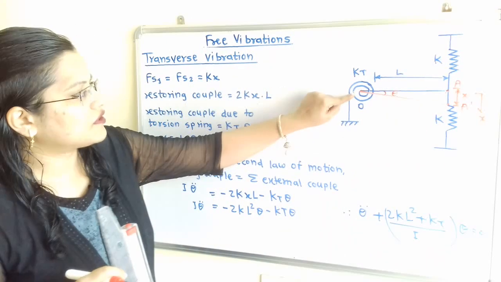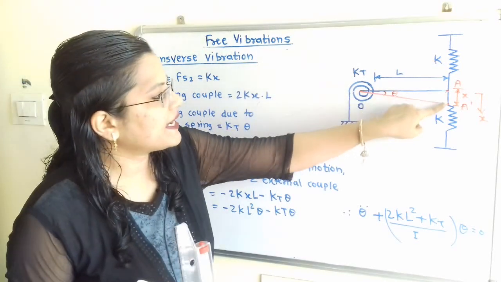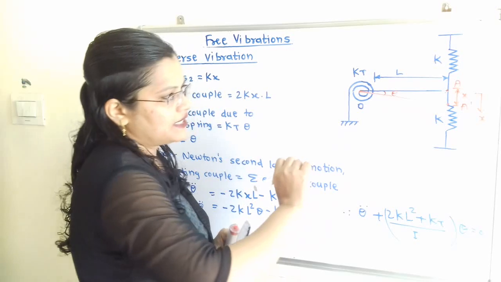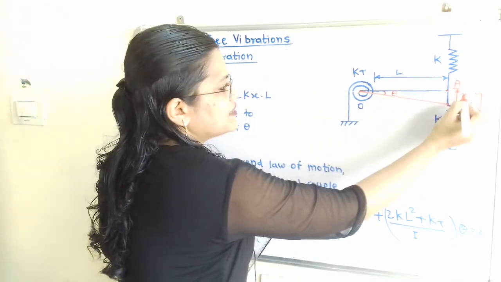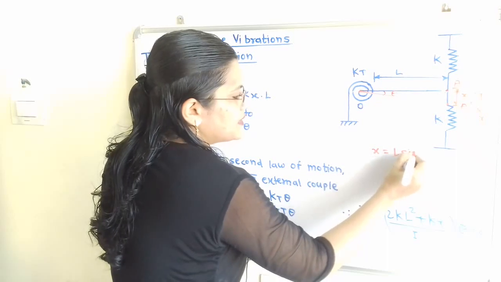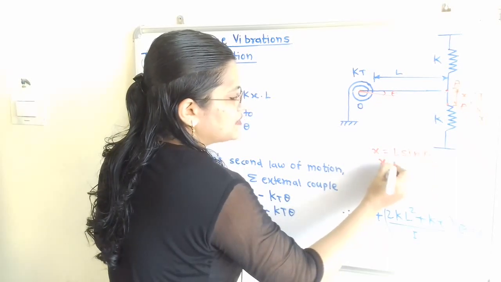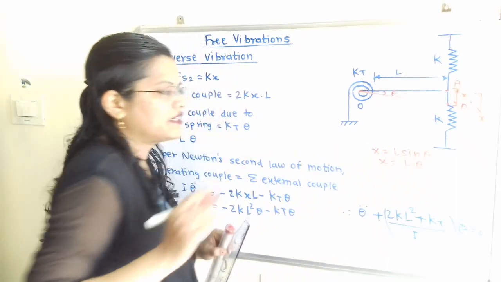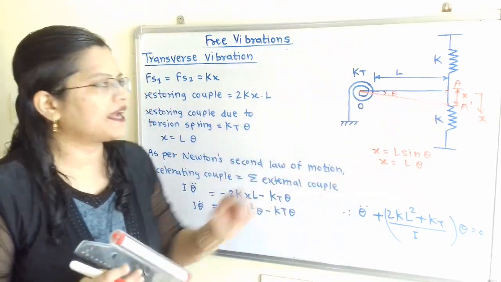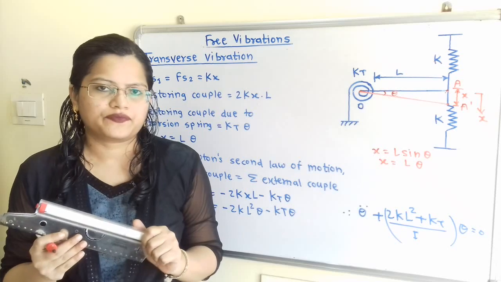Now if we observe this triangle OAA dash, the length of the rigid rod is L. So from this triangle we can say that x is equal to L sin theta. But this theta is very small, so we can simply write x is equal to L theta. This is the relation between linear displacement and angular displacement.